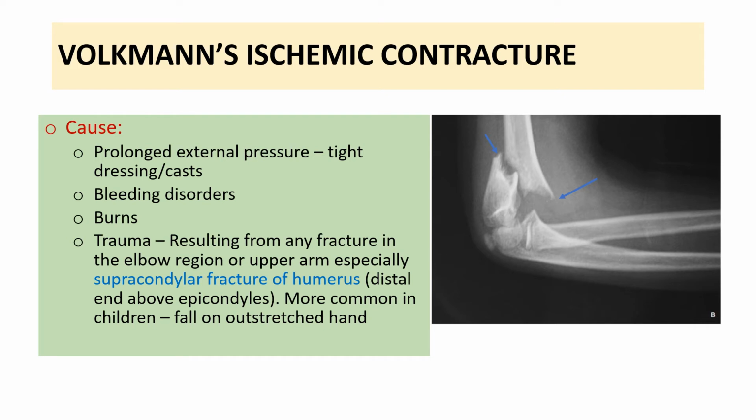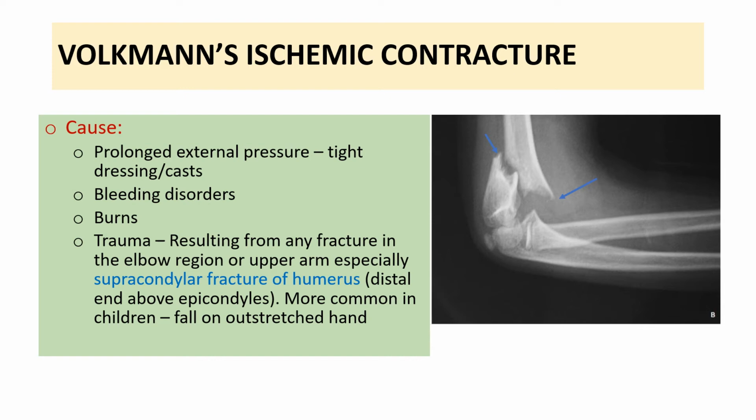The most common cause is trauma. The others are burns, bleeding disorders, internal bleeding in the vessels. Then there is the prolonged external pressure from the tight dressing or cast in relation with the lower end of humerus. The most common cause is trauma.